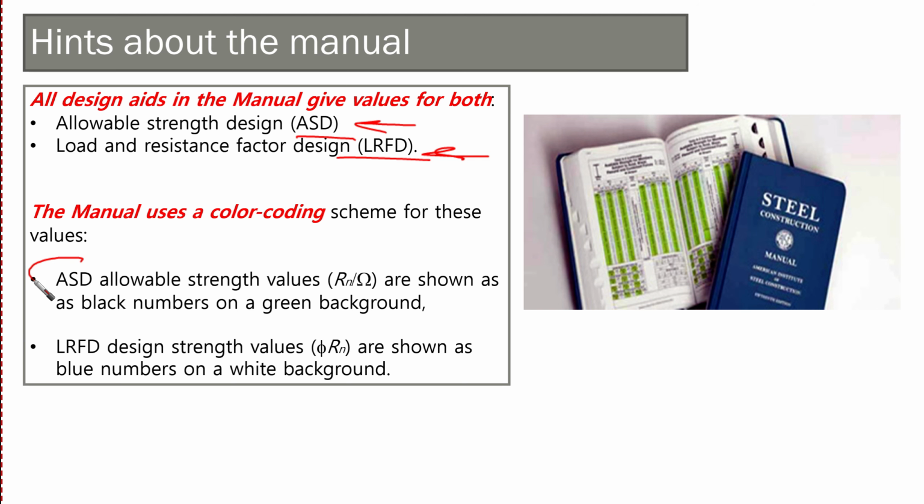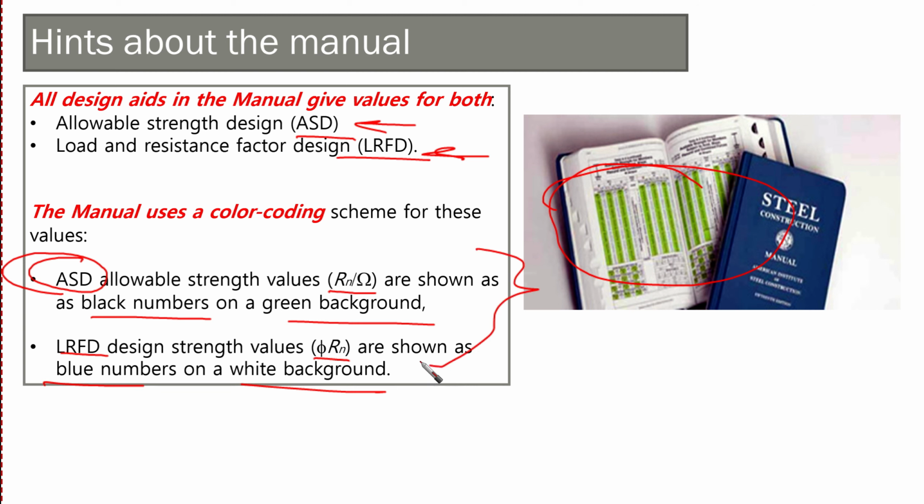ASD allowable strength values, which are nominal strength over the safety factor, are shown as black numbers on a green background. If you have the manual with you, you are going to find this. While LRFD design strength values, which are phi times Rn, are shown as blue numbers on a white background. So you are going to distinguish between the two based on this color coding scheme of the manual.